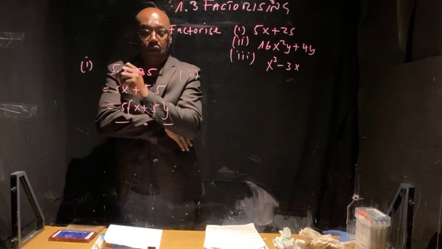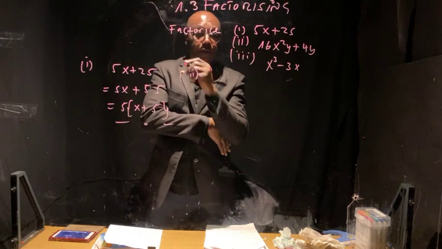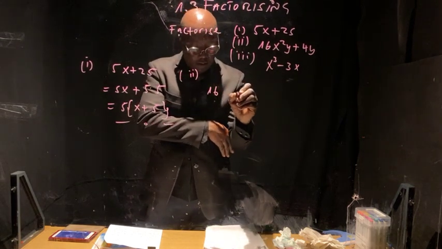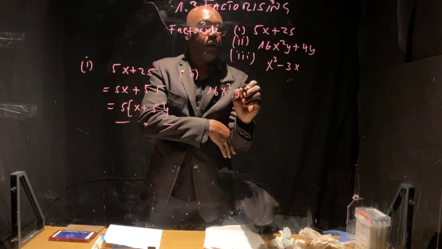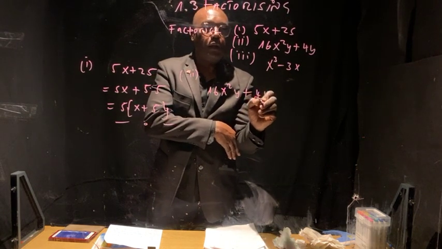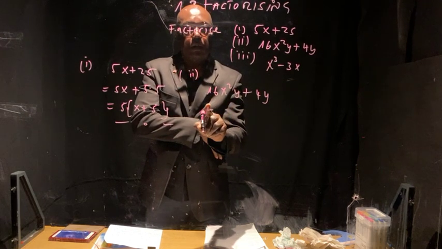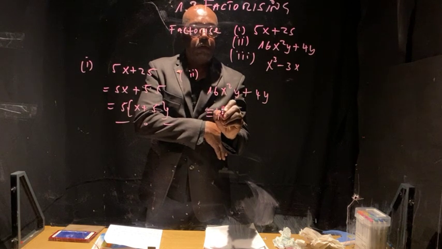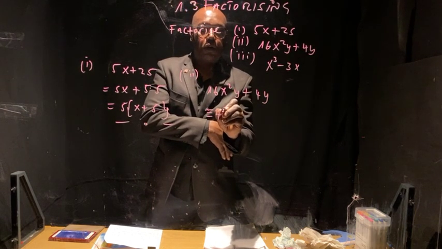Then we come to the second one, that says 16x squared y plus 4y. Good. 16 is equal to 4 times 4.